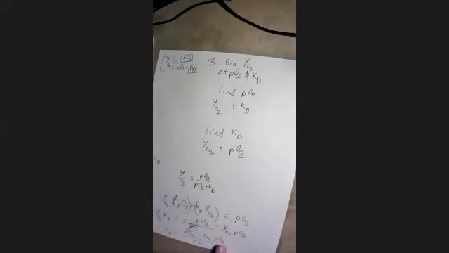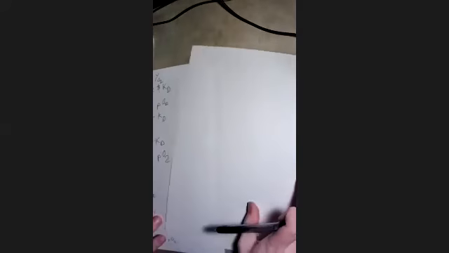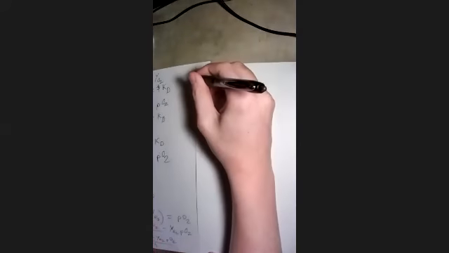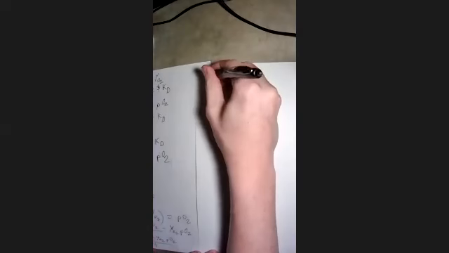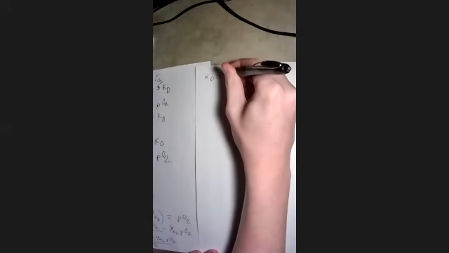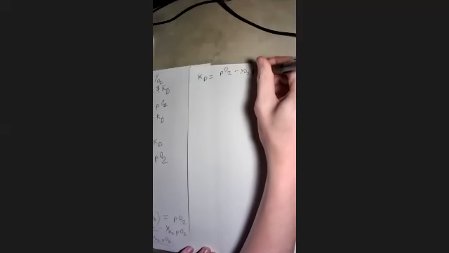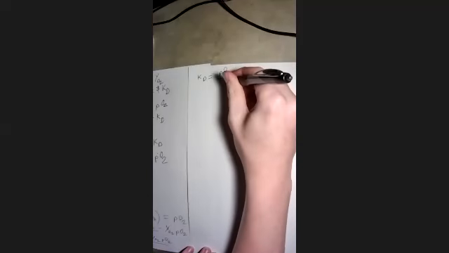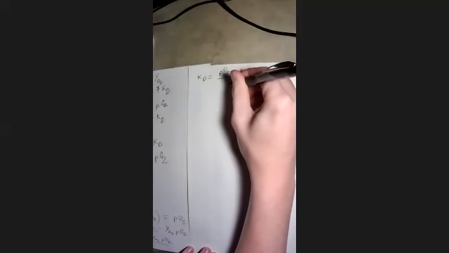All right, now let me simplify this real quick because this is probably a mess. So KD is equal to PO2 minus YO2 PO2 over YO2, right?